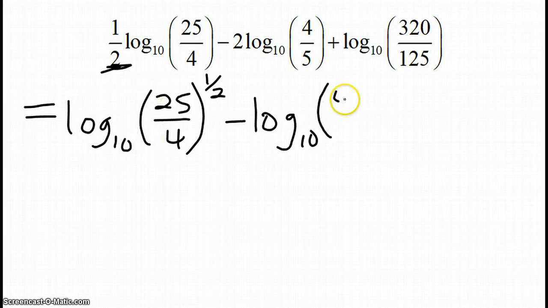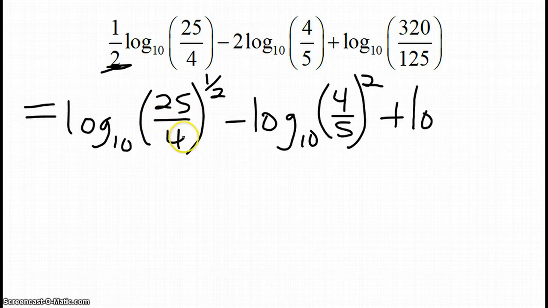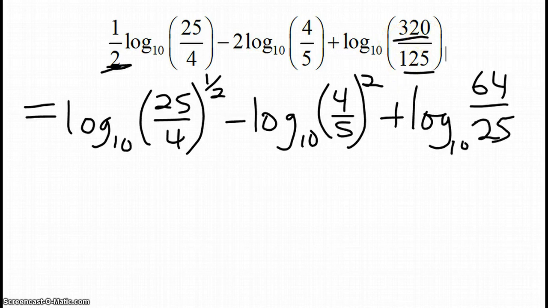Log base 10 4 on 5 exponent 2, and these two numbers we can divide them by 5, and that will give us 64 on 25. So we can further go down and say the exponent here, from the indices lesson, affects 25 and affects 4, and a number to an exponent of half simply means the square root of that number.